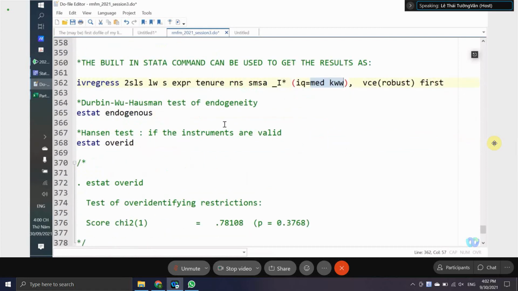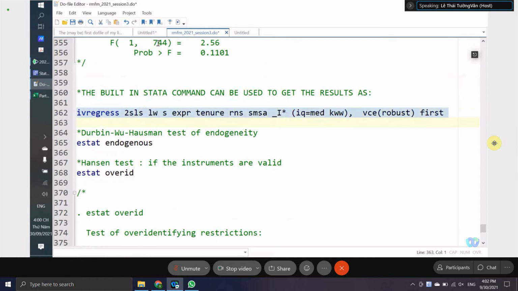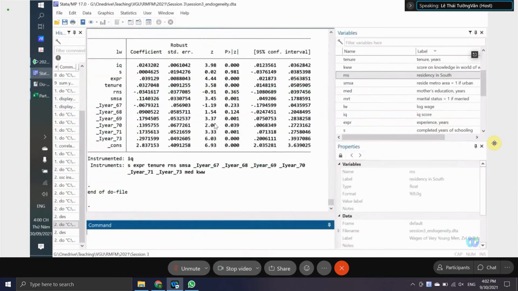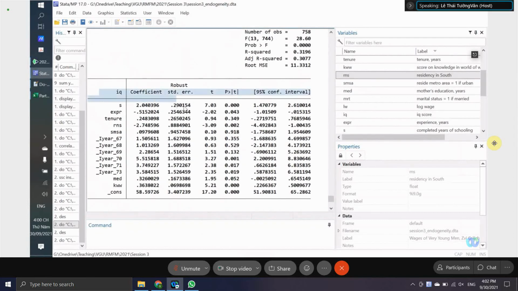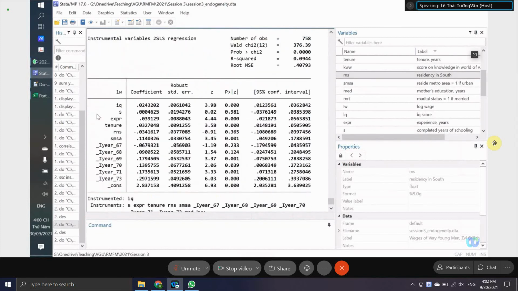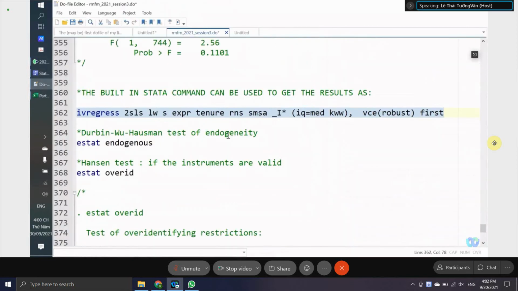If you run that regression, you would get the same result. Let me just show you how I can run that. If I run that one, I would get the two-stage least squares. The first stage is to regress IQ on these variables. The second stage is to make the prediction, and you would get exactly the same result.